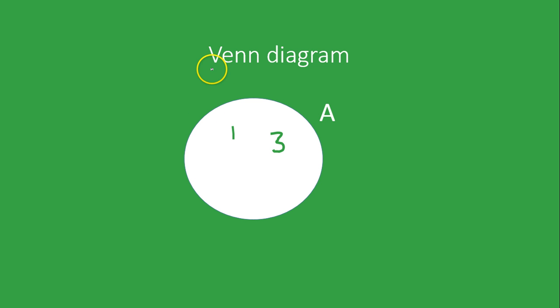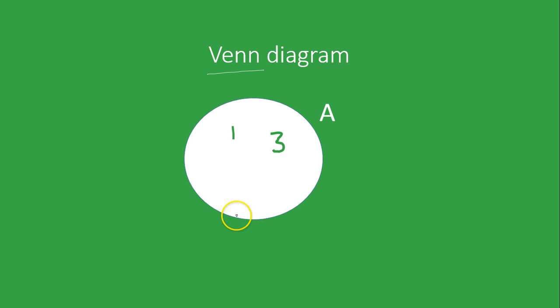Now I introduce to you the most fundamental and frequently used concept in the set theory for explaining and understanding the different concepts, the Venn diagram.